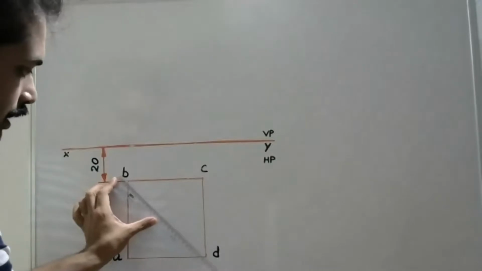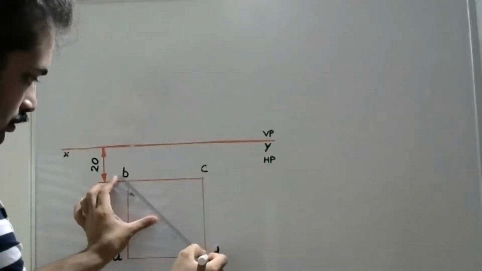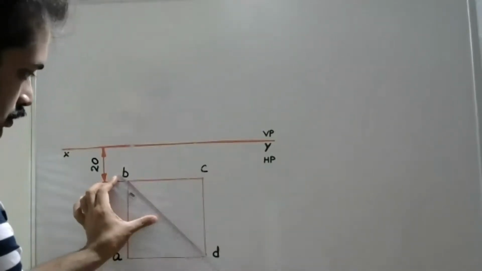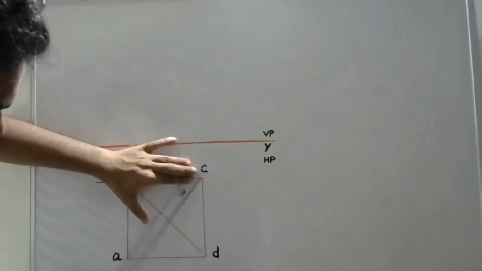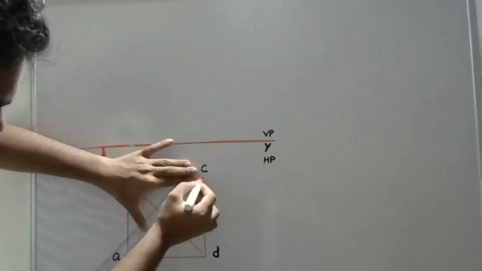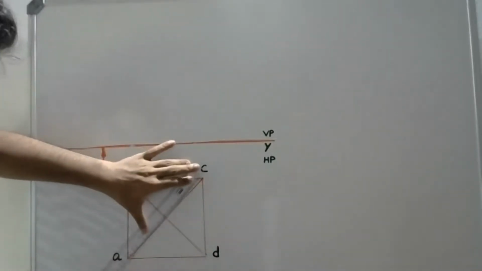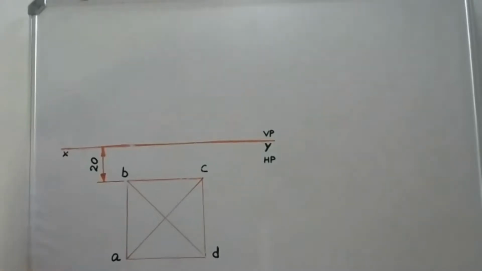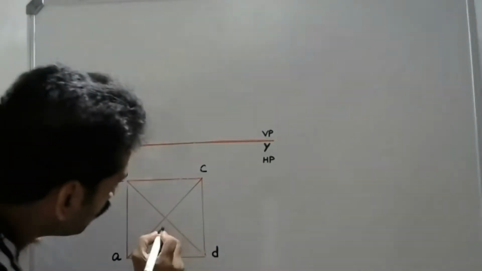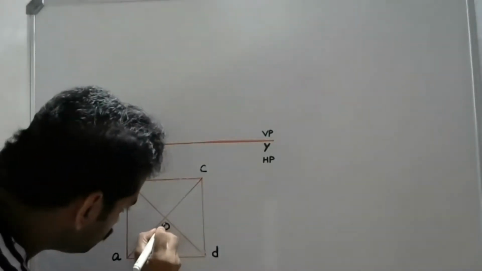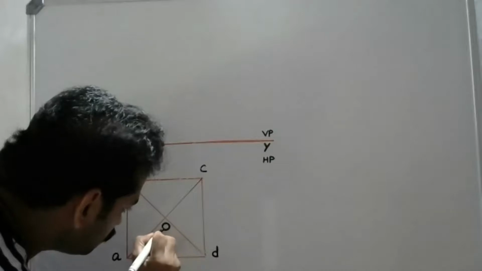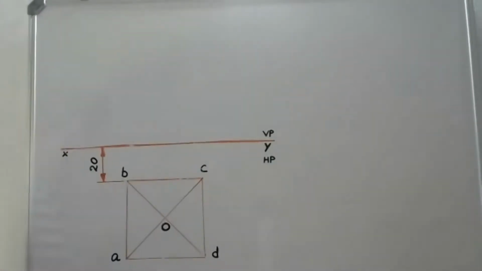So we are joining BD and AC. We got 4 lateral triangles. The joining point will be the apex, and the apex of the pyramid is always named by the letter O.